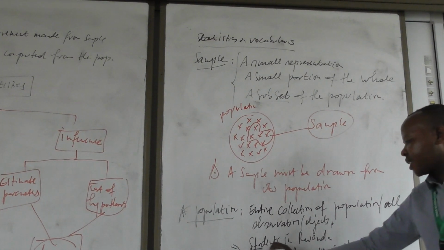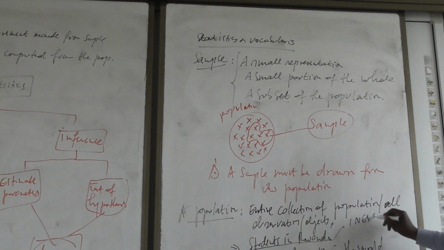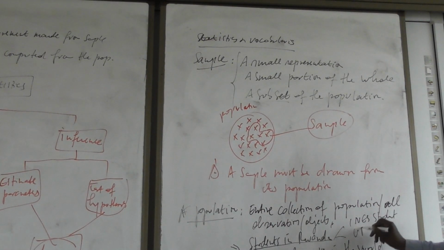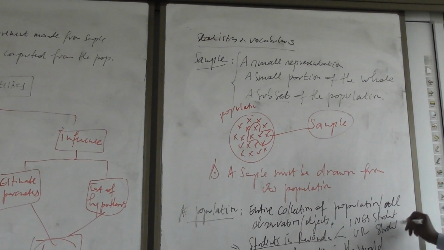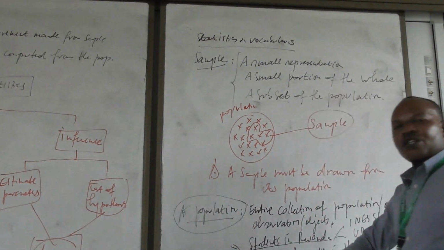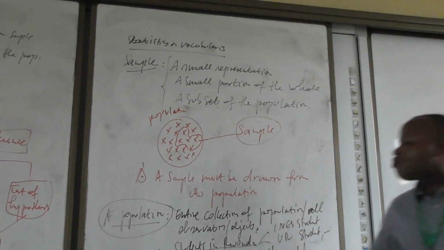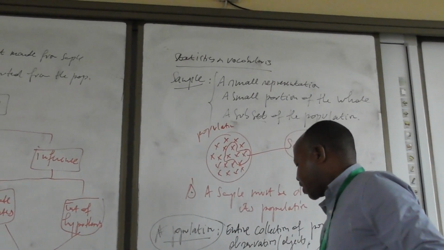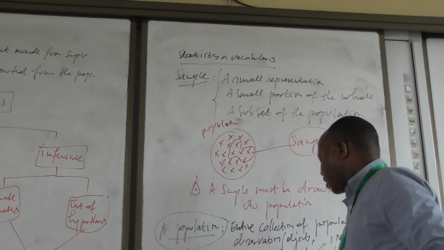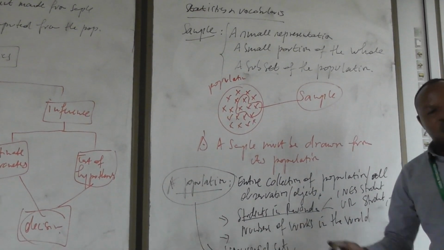And from the students in Rwanda, you may have INES students as a sample. You may have UR students, etc. So this population covers all observations. It covers a lot. In fact, this is the universe. It's a universal set where everything belongs.